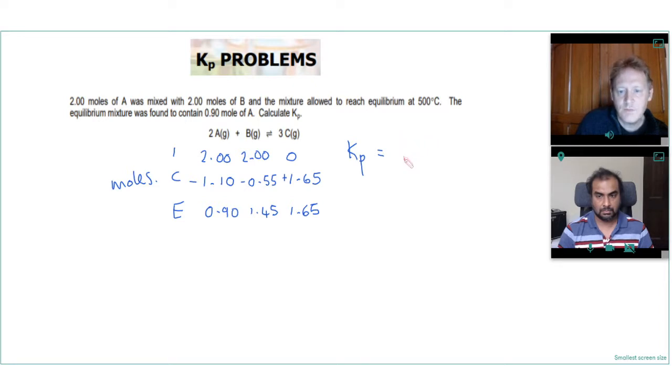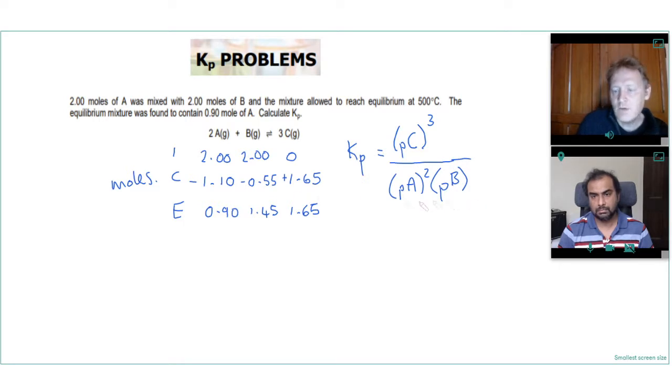So we'd have the partial pressure of C, put it in brackets, cubed. So it's raised to the power of the moles in the equation, over the reactants, which is the partial pressure of A squared times the partial pressure of B.